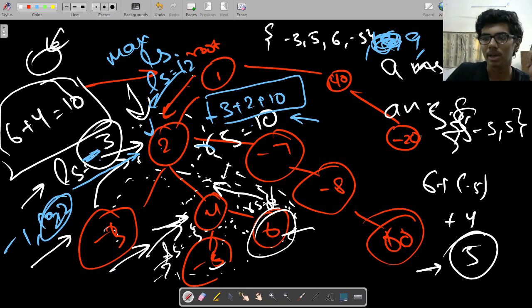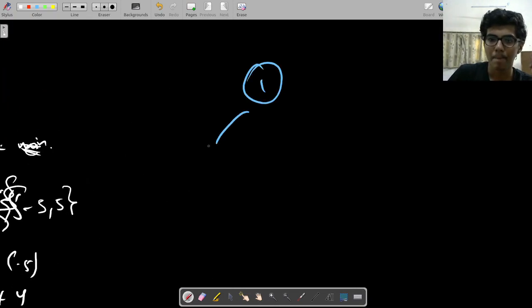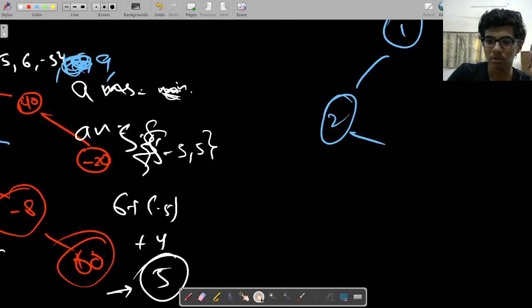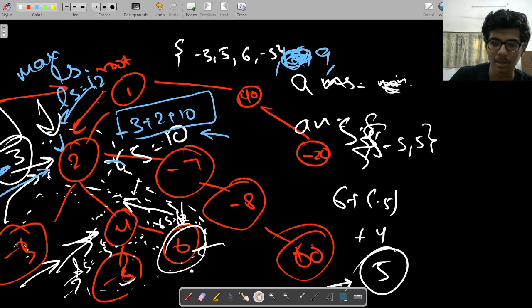Okay, so let me draw this tree again. So I have 1, 2, I don't know what it was. So 1, 2, minus 3, 4. Oh, there are only 3 nodes, so this is not a path.